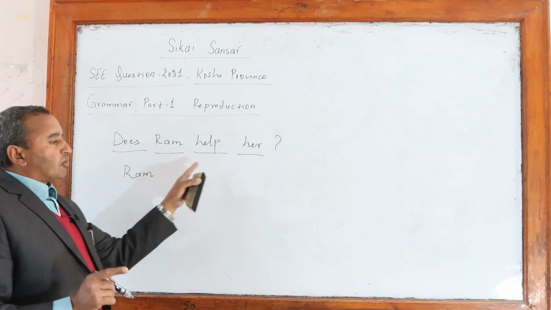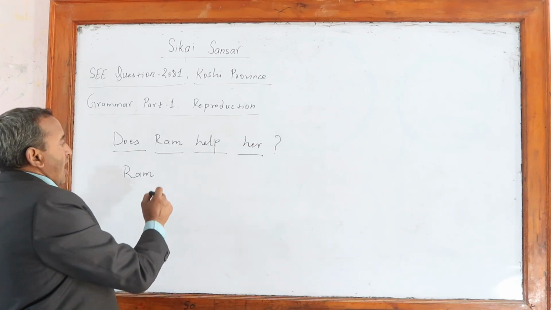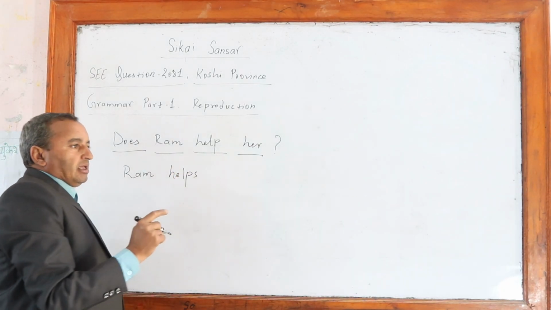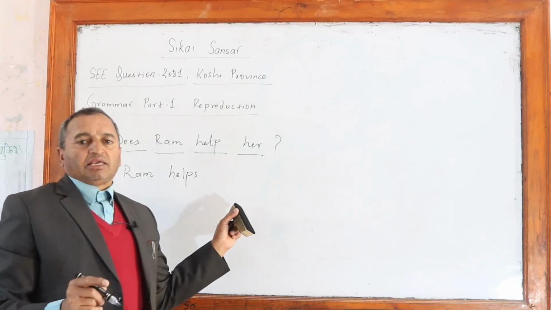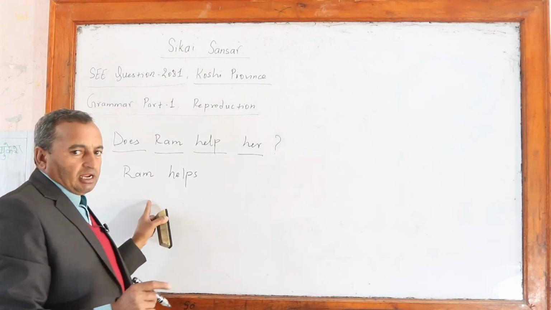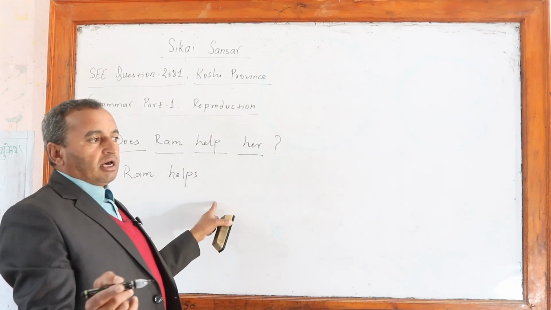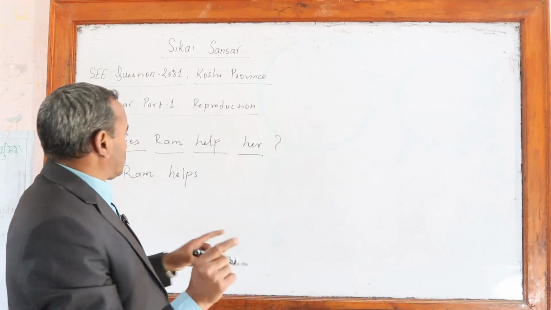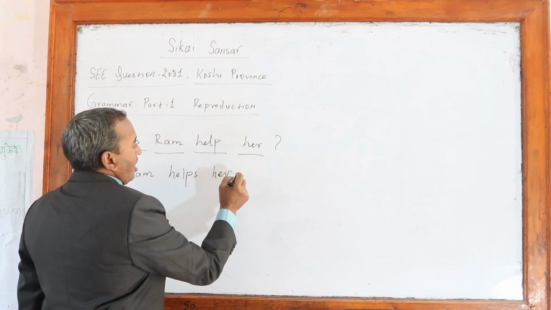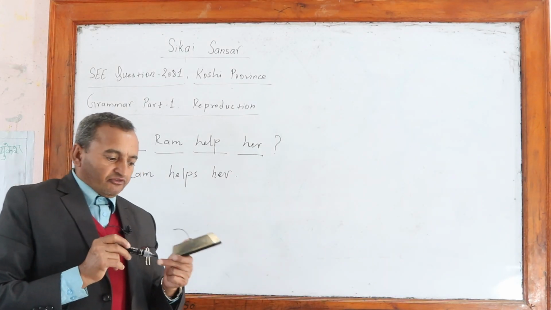So now we have to use the V5 form of help. So Ram helps. When we add S or ES to the main verb, it becomes singular. So Ram is singular, and we have made the verb help singular too by changing it into helps. So Ram helps her. And finally, we have to write the full stop.